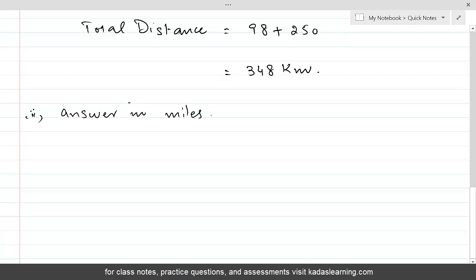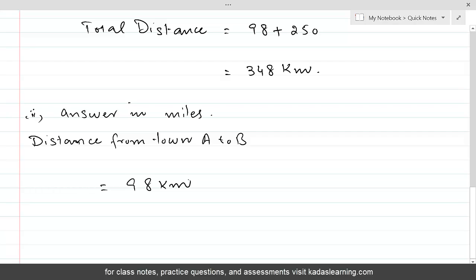So this time, the distance from town A to B, which is equal to 98 kilometers, we will need to convert because we need our answer in miles.